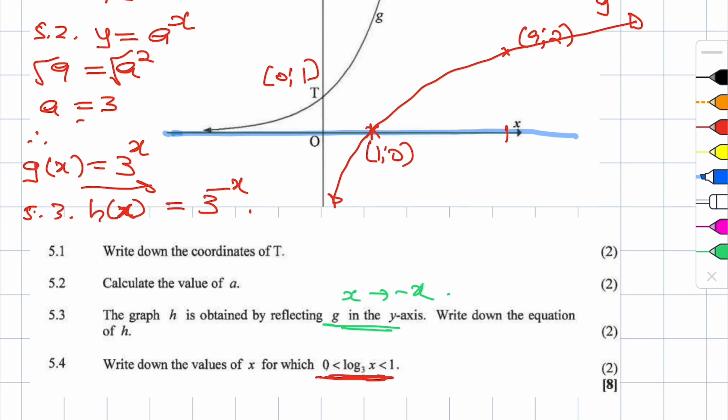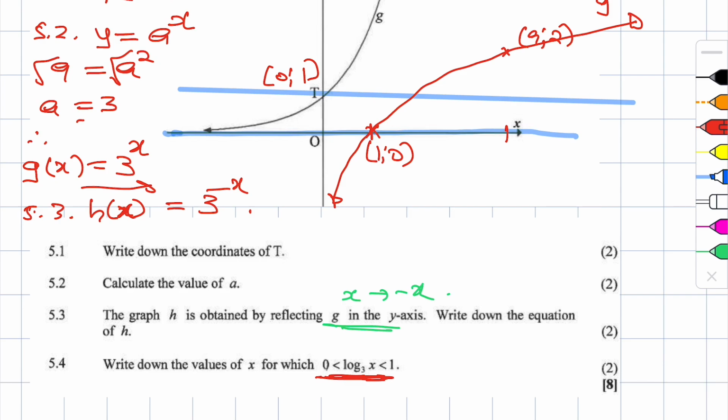And then 1, that will be the other line. So this one is y equal to 1, this is y is equal to 0.